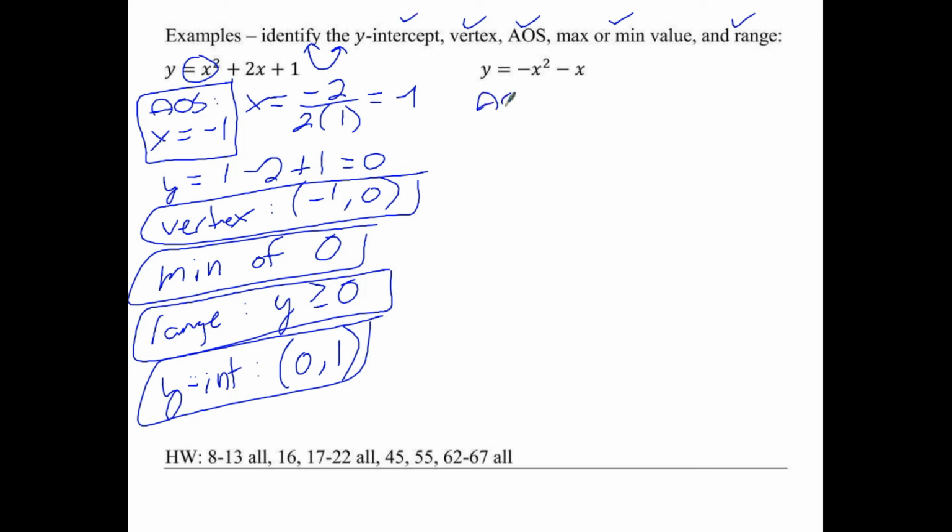AOS. Okay, x equals negative b, which is negative 1. So I'm writing negative, negative 1 over 2 times negative 1.